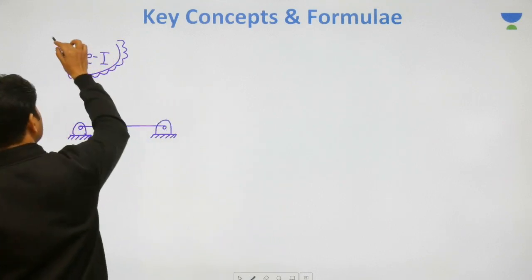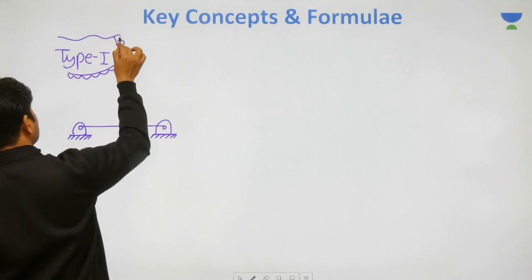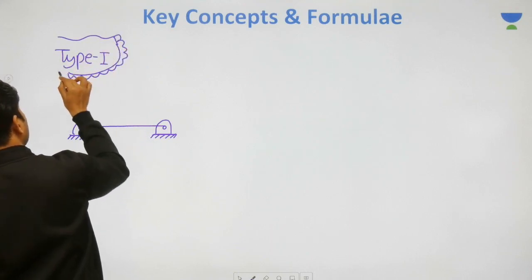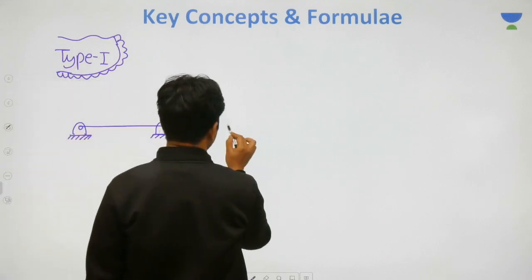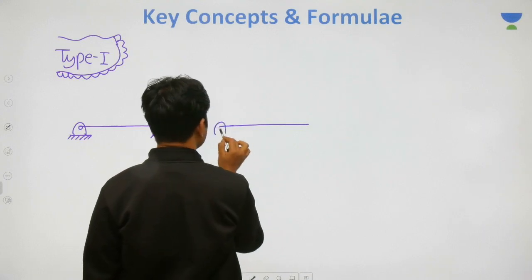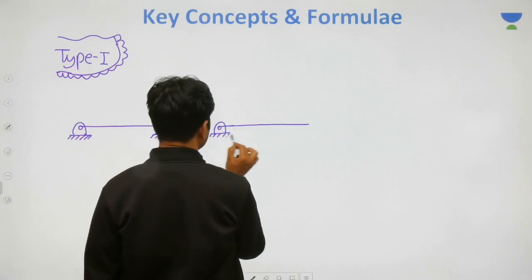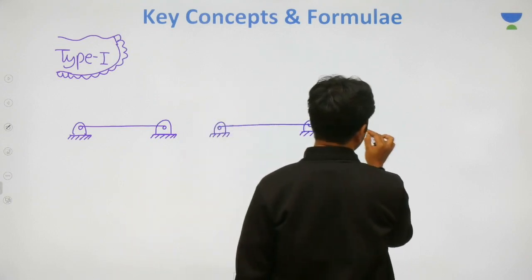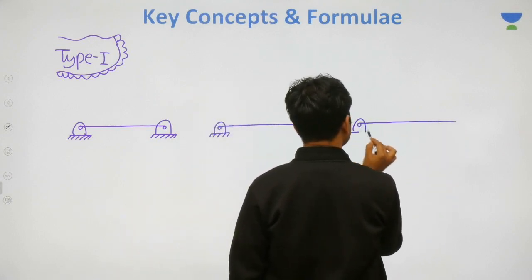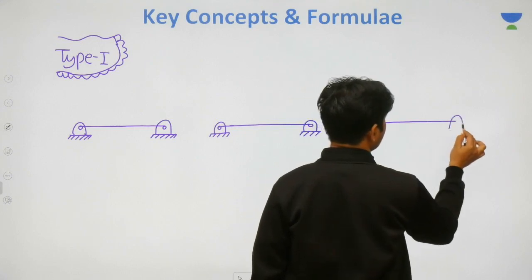So, in simply supported and overhanging beams, my dear friends, the type 1 problems are those which can always be broken into standard beams. For that you must remember at least these three standard simply supported beams.